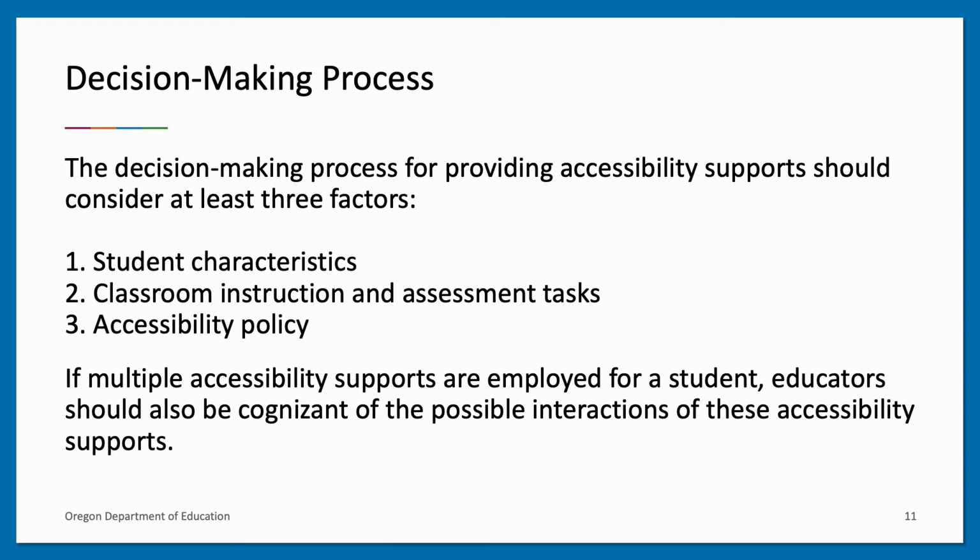Number 2, classroom instruction and assessment tasks: knowledge about what tasks are required in instruction and on state assessments, and ways to remove physical and other barriers inhibiting a student's ability to perform those tasks. Number 3, accessibility policy: accessibility policy for an assessment or for part of an assessment and consequences of those decisions.